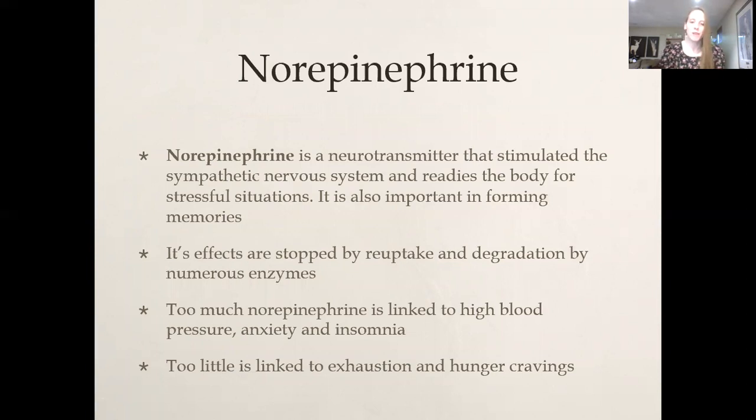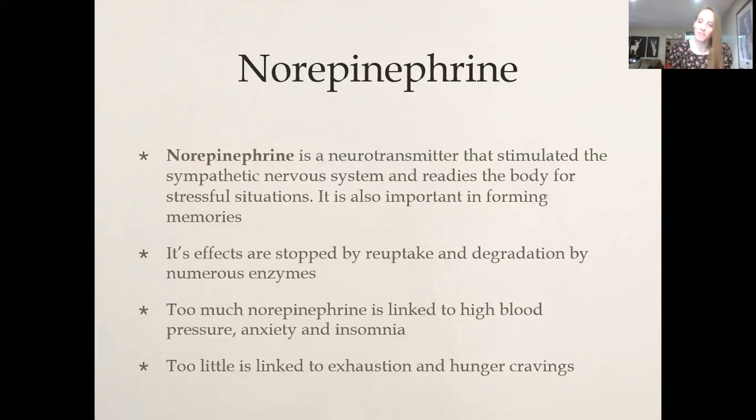If you have too much norepinephrine and it's not being taken out of the synaptic cleft fast enough, it can lead to things like anxiety because your body's constantly preparing for some sort of stressful situation, even though you're not in one. It can also lead to insomnia, because people have a hard time sleeping when they're feeling very stressed, high blood pressure, that kind of stuff.